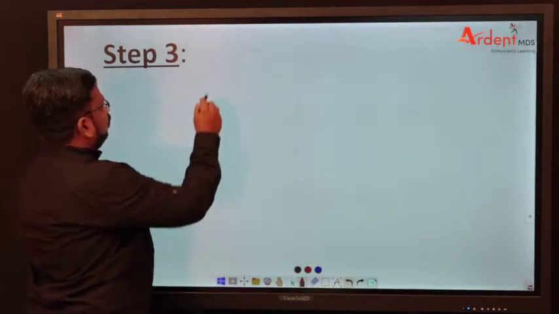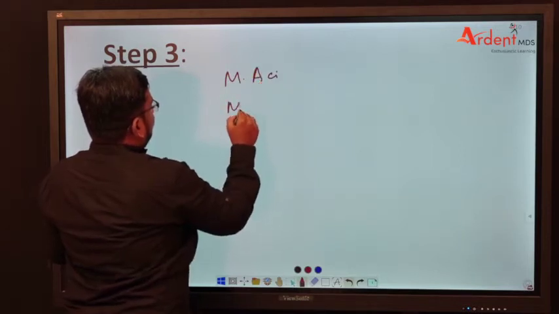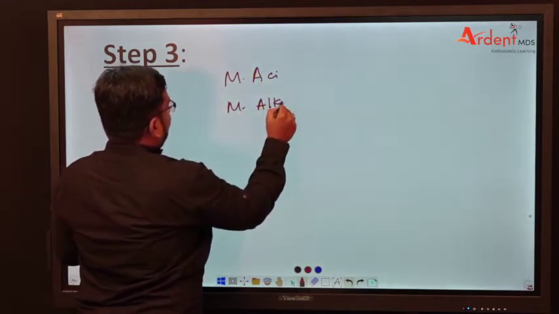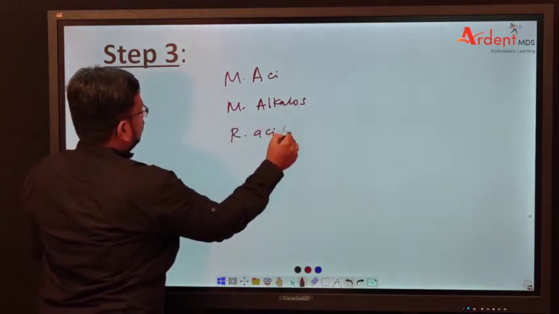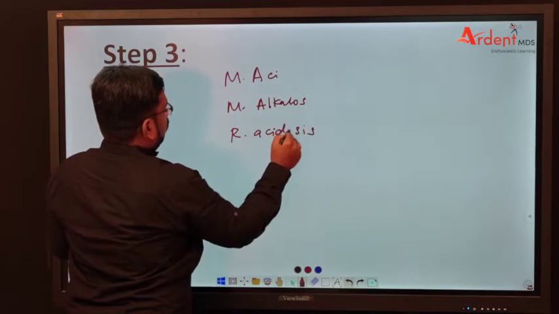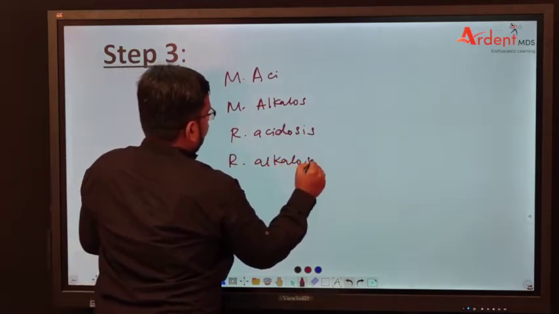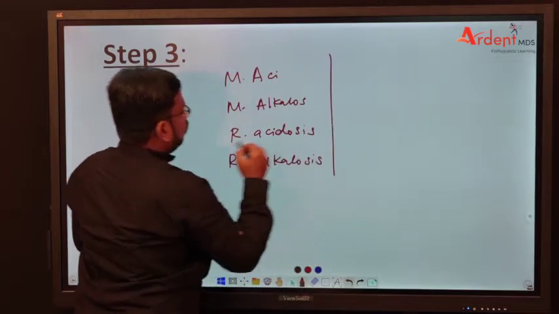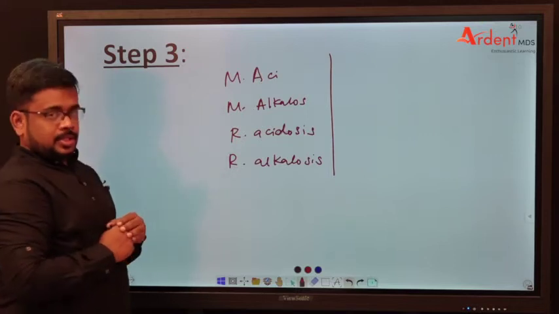Coming to the third step. We have four phenomena. Number one, metabolic acidosis. Number two, metabolic alkalosis. Number three, respiratory acidosis. Number four, respiratory alkalosis. What is the compensatory mechanism of these four processes?